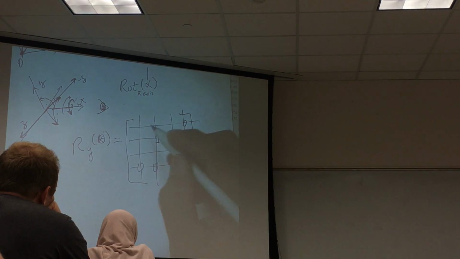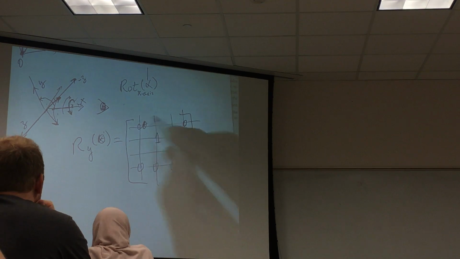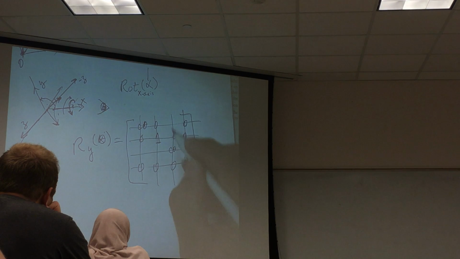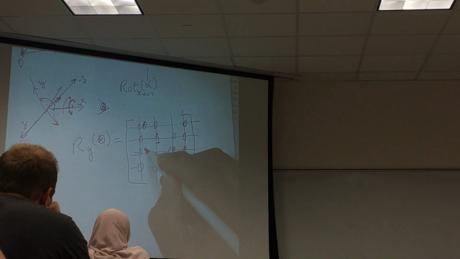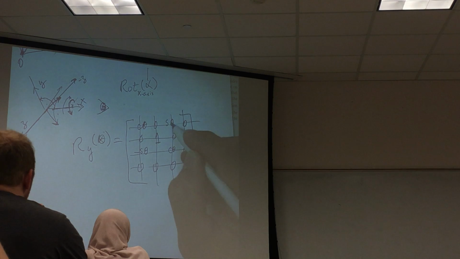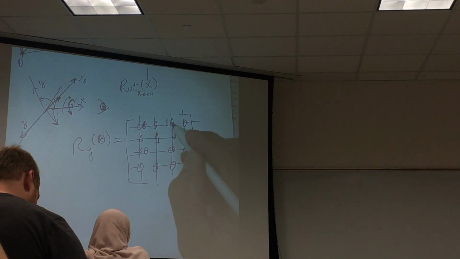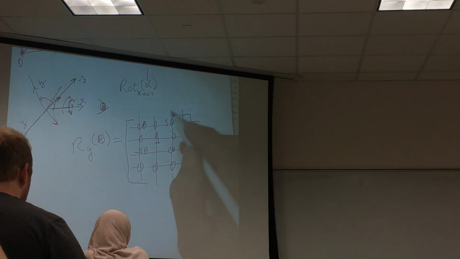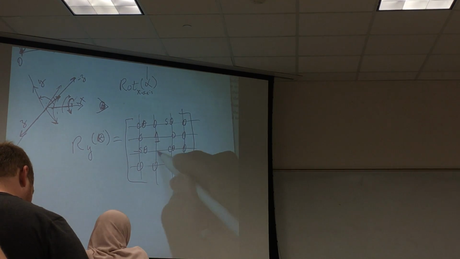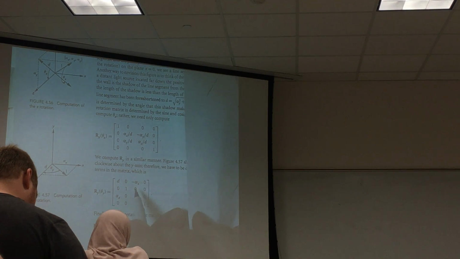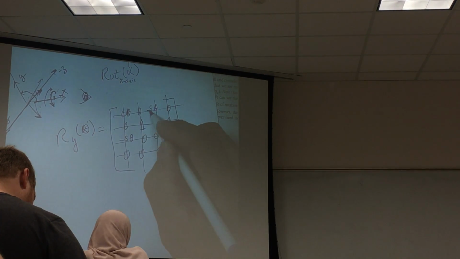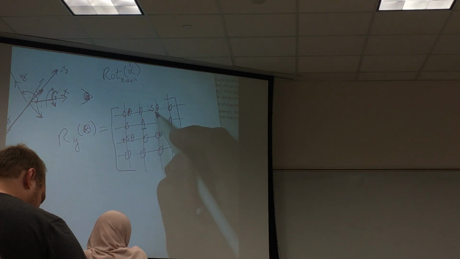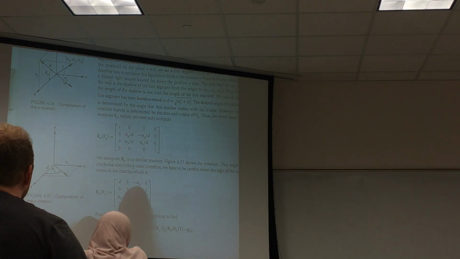Now across the diagonal is cosine of theta, cosine of theta, minus sine theta, sine of theta, right? Well, sine of theta is minus, so this becomes minus. Okay? We're rotating negative. Therefore, we get the minus here. And this sine is actually this component's alpha x.